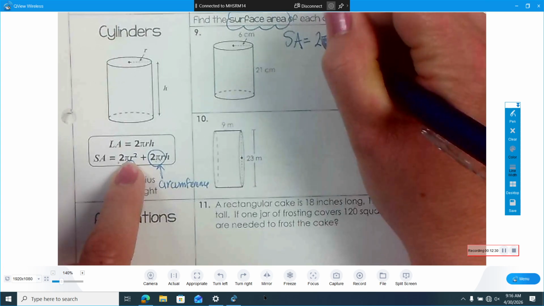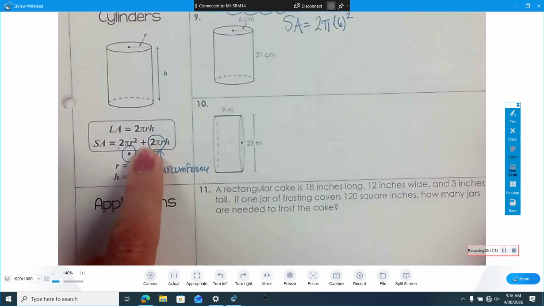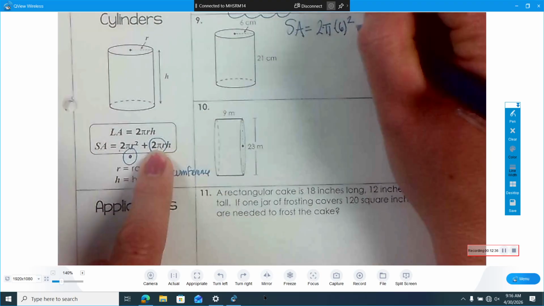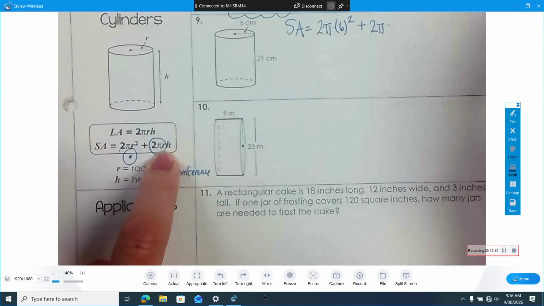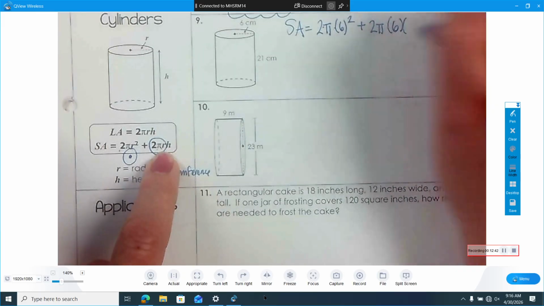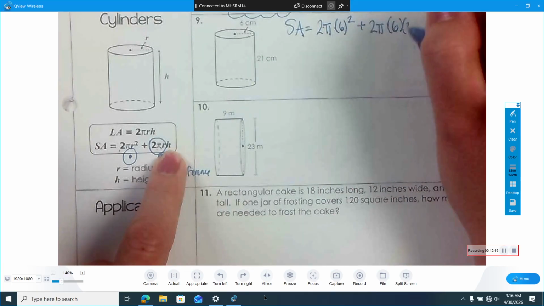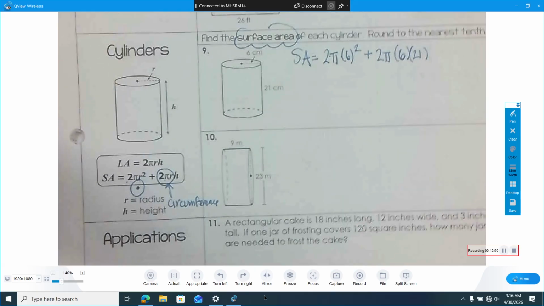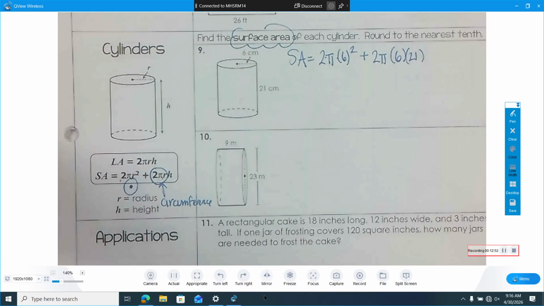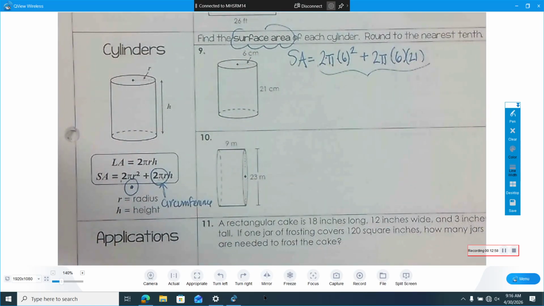So 2 times pi times 6 squared, and then plus 2 pi times the radius, what's our radius? 6. And then what's our height? The height is 21. The height of your can is 21. So again, it's really just a nice formula, real easy to just plug in your radius and your height. And then you can go ahead and type this whole entire thing just like that into your calculator.